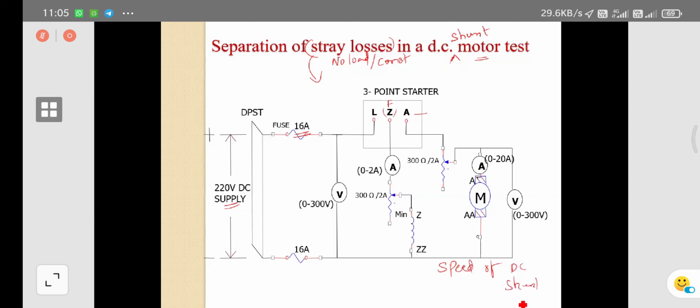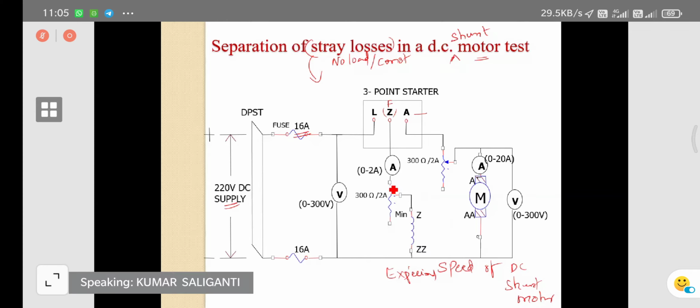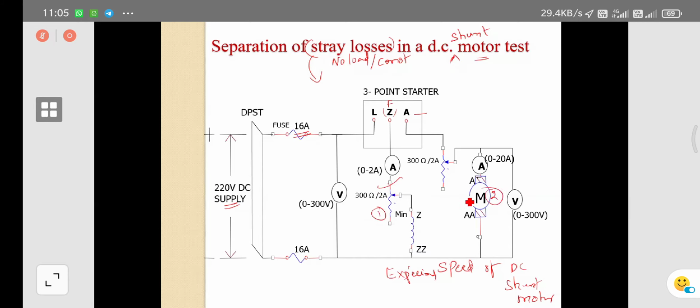This is the experimental diagram of speed control of a DC shunt motor. This is the field flux control method, and this is the armature control method. But always remember the armature control method's starter position is here only, but I have kept it on this side. Why? Because I will tell you later.